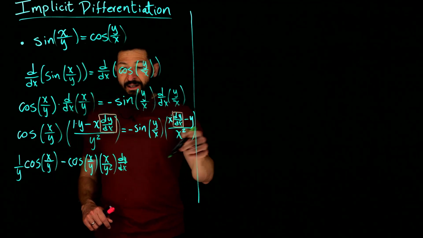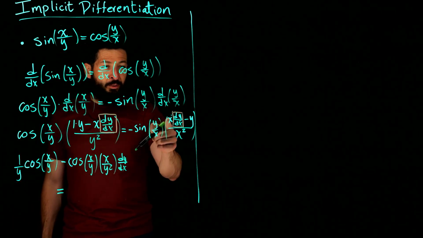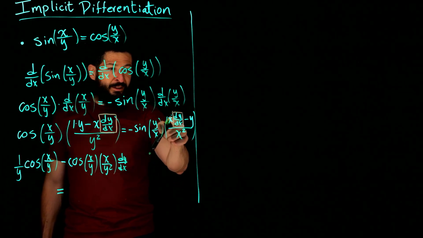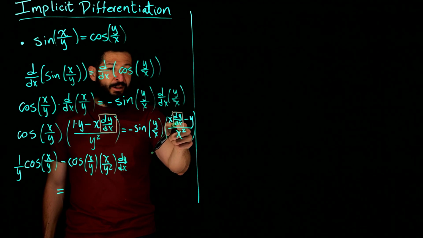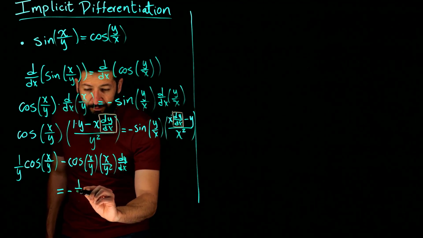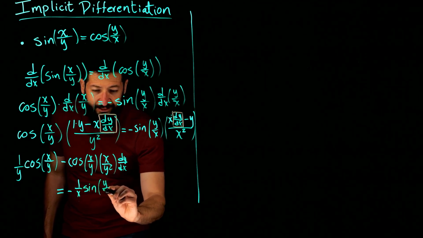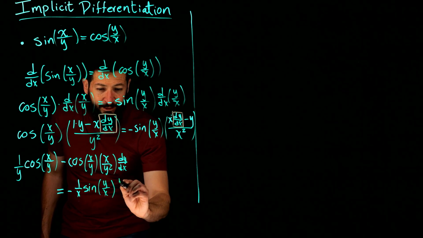Now I'm going to have to expand this one, so I'm going to go to a second line. When I distribute this one here, I get an x cancel, so I get negative 1 over x, sine of y over x times dy dx.